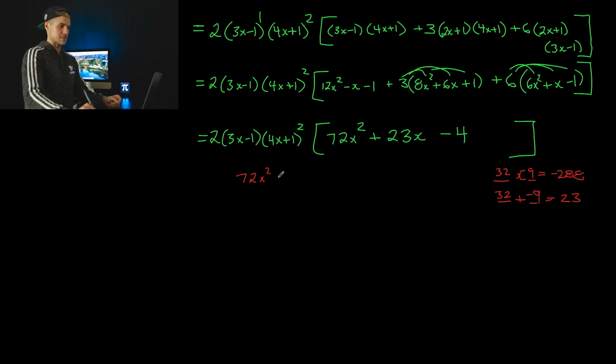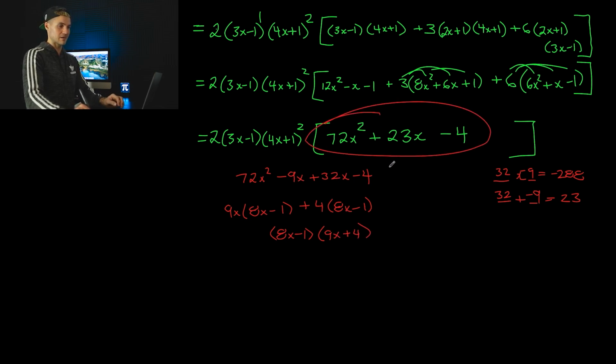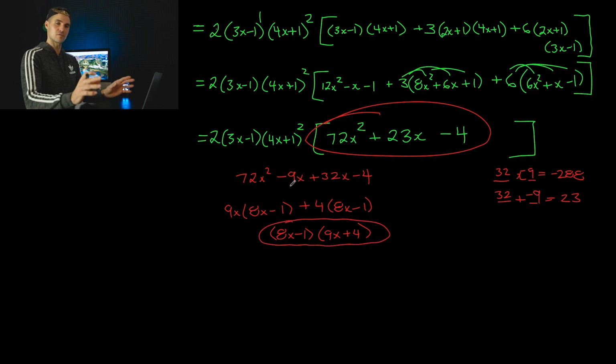And so decomposing that middle term with those two numbers, minus 9x plus 32x minus 4, from these two you could take out a 9x and you'd have what? 8x minus 1. And then from here you could take out a 4. You'd have 8x minus 1. Then you could take out an 8x minus 1, and you'd have 9x plus 4, like that, right? So this bracket here can also factor into these two, if you want to have everything in factored form.